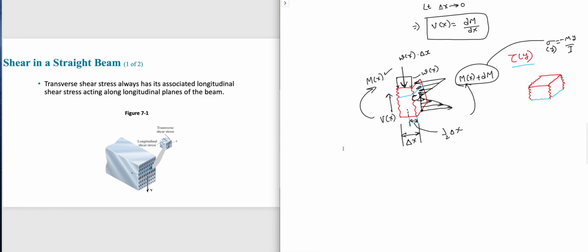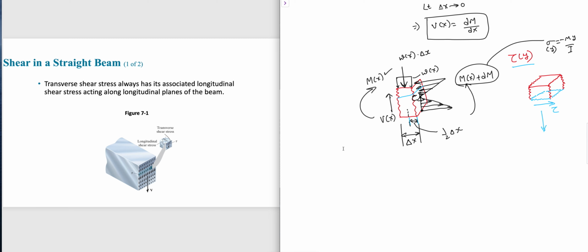So in this part that we made a cut, as soon as we make a cut, what are we supposed to do? Normal reaction. Then for this cross-sectional area, there is a shear force acting, right? Or shear stress acting over that area, isn't it?